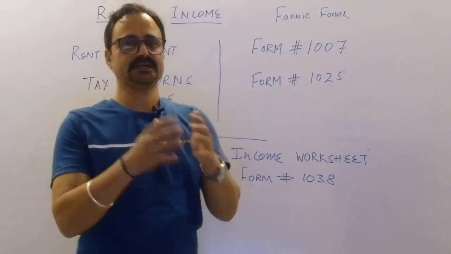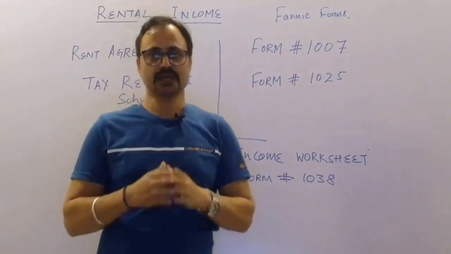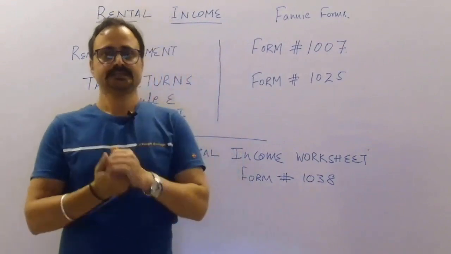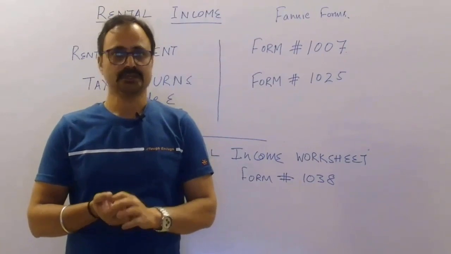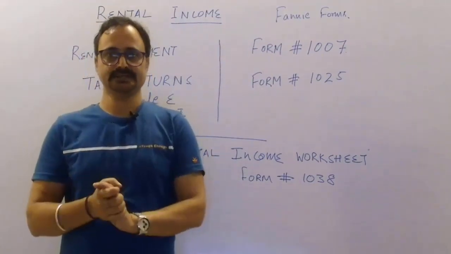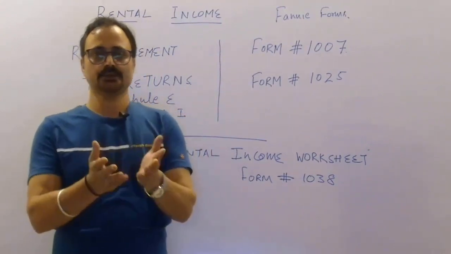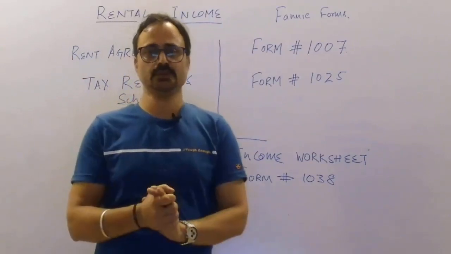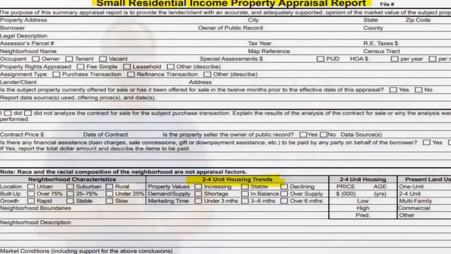It is for a small residential income property. Whenever I'm going to purchase a property for investment purposes, and it is not a single family residence but a multi-unit property, like 2 unit, 3 unit, or 4 unit, we know that a residential property can be no more than four units.